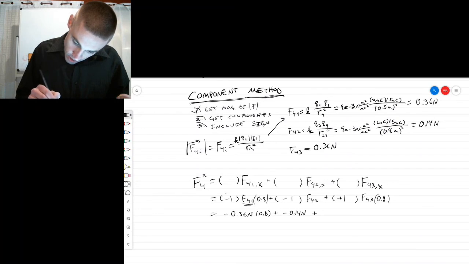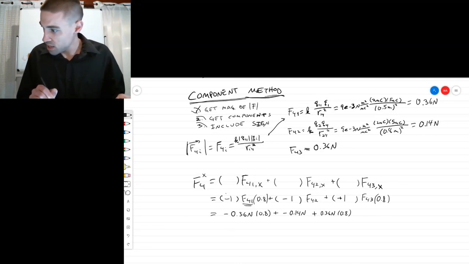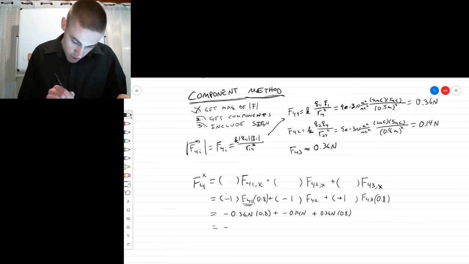And then I have a plus F43, which was 0.36 newtons times 0.8. If I plug all these things into my calculator, what I get is minus 0.14 newtons. Okay, that's the x component.